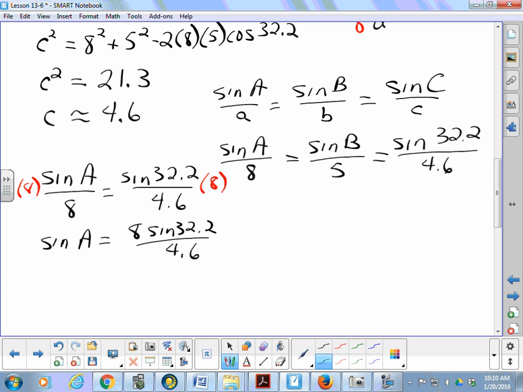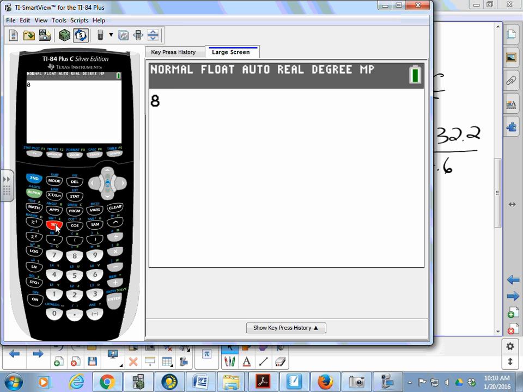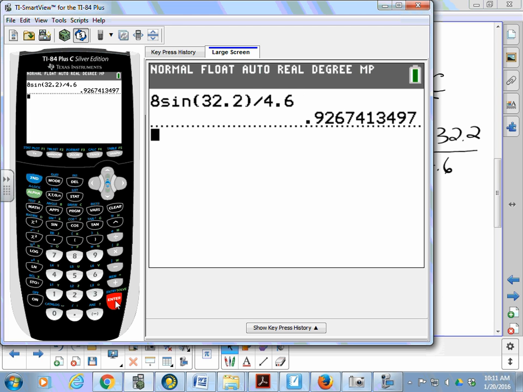Okay. Well, when we were doing those last week, how did we find the angle when we knew this stuff here? You did like the inverse. Right, we did the inverse. So we'll go to our calculator. Eight times the sine of 32.2 divided by 4.6 gives us 0.9267, and then we'll do the inverse sine of that answer.